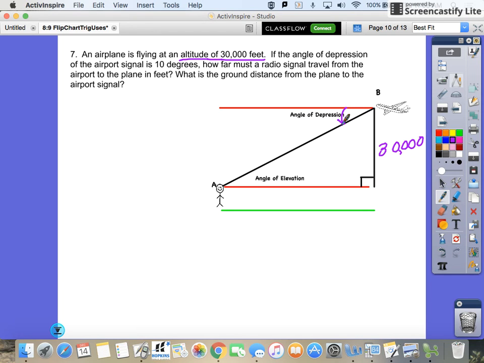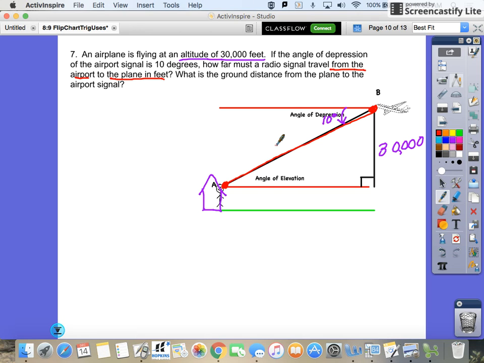So if the angle of depression to the airport signal, so here's the airport, and this little man or woman is kind of hanging out there waiting to give or get signals. If that angle of depression is 10 degrees, how far must a radio signal travel from the airport to the plane? So from the airport to the plane, that is from here to here.